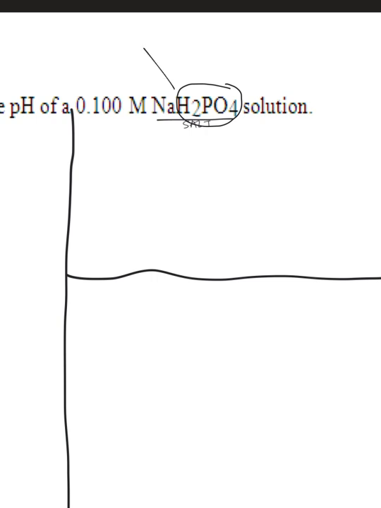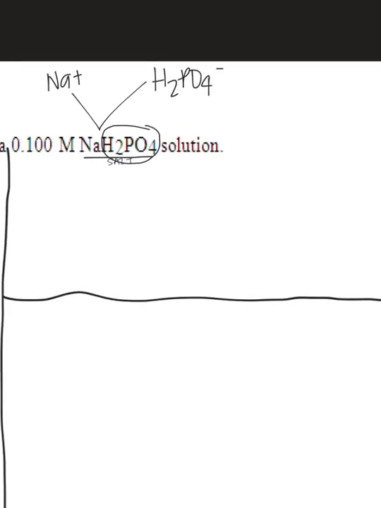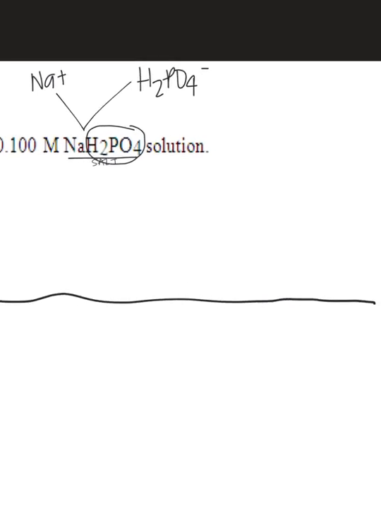So the parents here have a strong base parent and a weak acid parent. Remember, when we do salts, the part of the salt that has the weak parent is the one that we add to water.